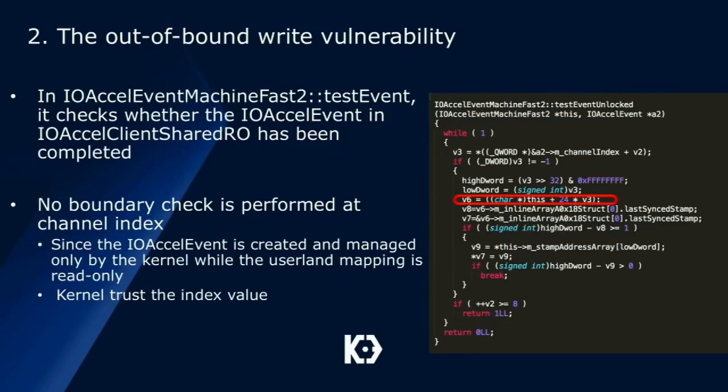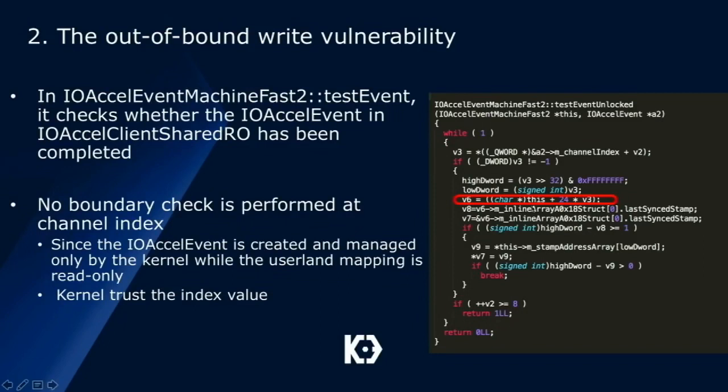The code logic is quite simple. First it checks whether the event's expected stamp value is lower than the current stamp maintained in an object called M inline array. If yes, it means the event has been completed.